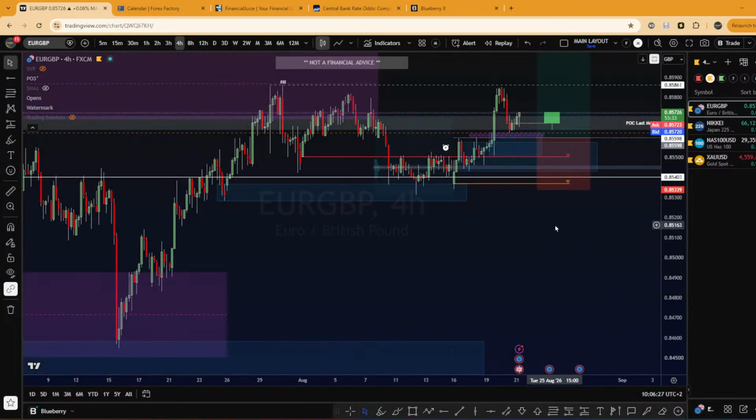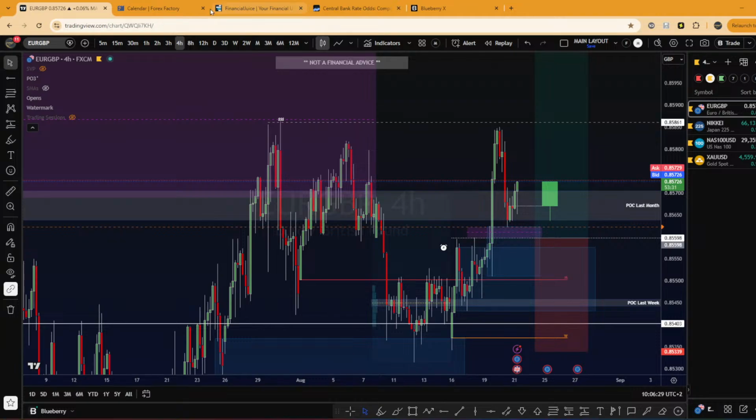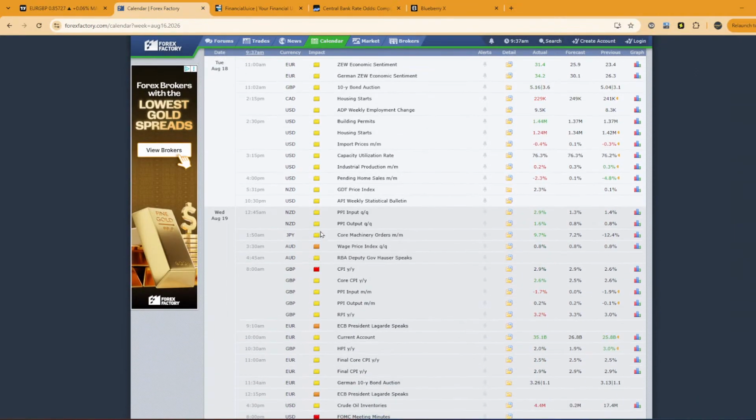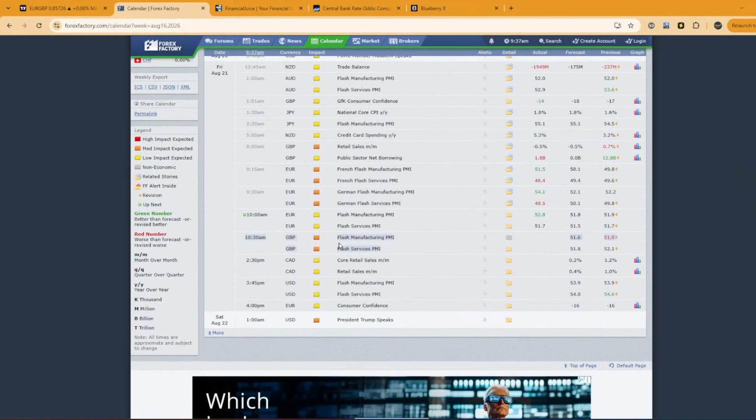Now come back to euro GBP. So let's see what we have. In 30 minutes, something like that, we will. So we had the global euro PMI come out, I would say pretty good.